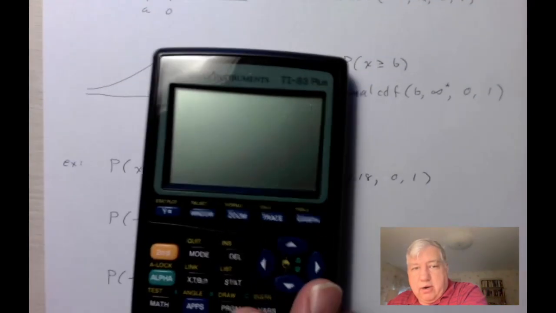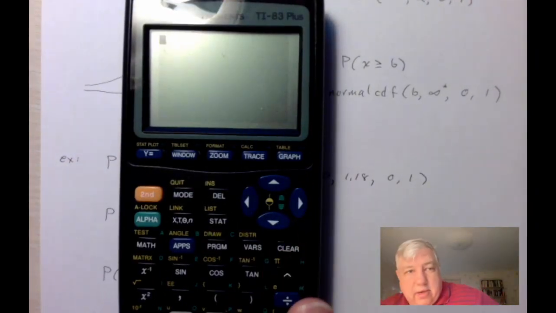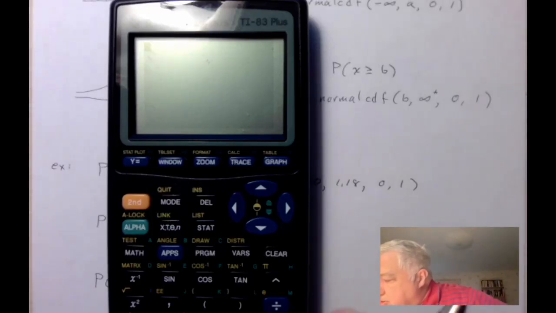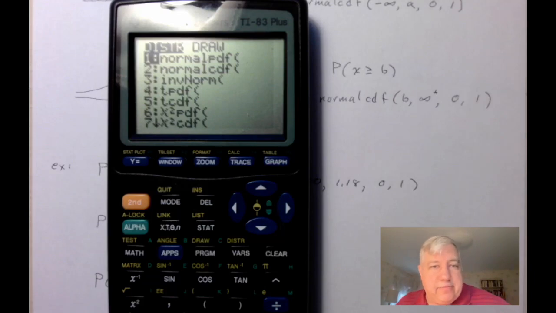So let's look at how we do this. We turn our calculator on, and we're using a normal distribution, so we hit the distribution button. And right there at the top, almost second from the top, is normal CDF.